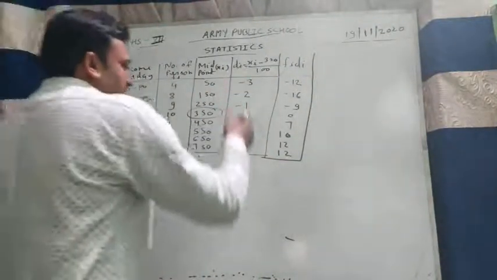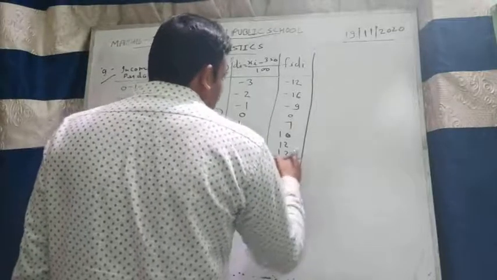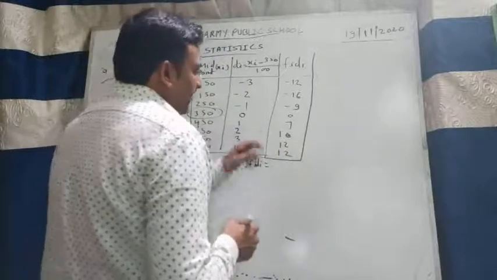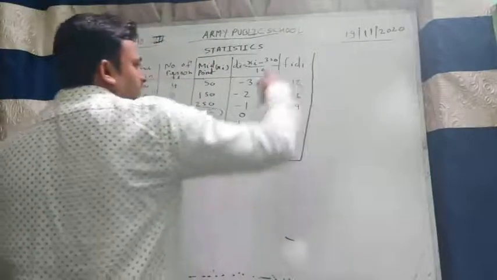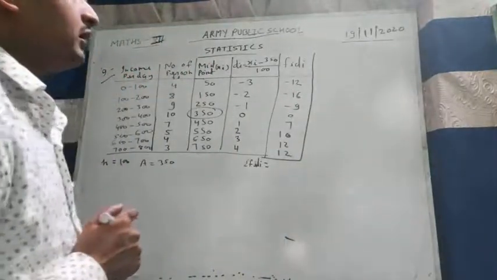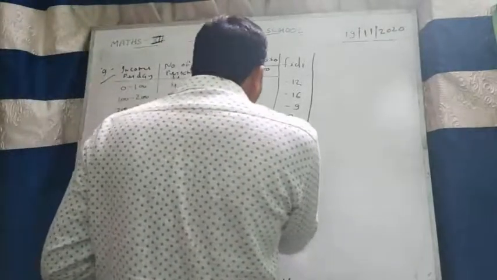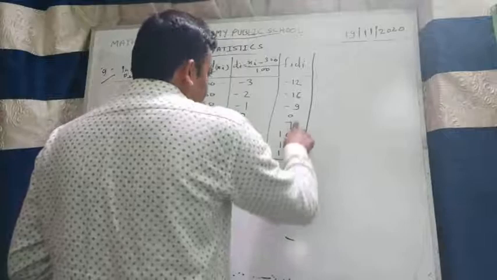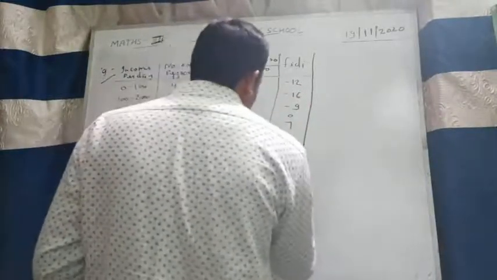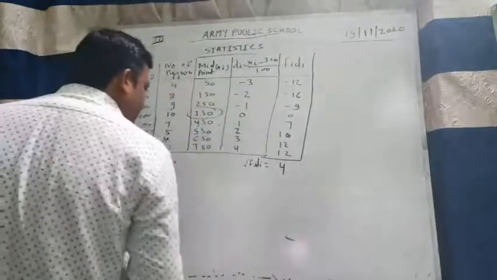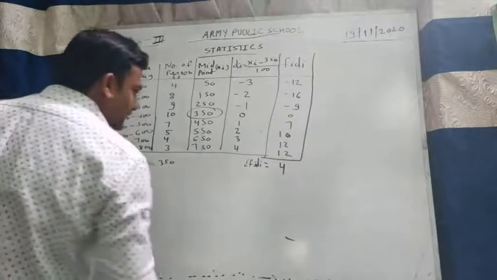Now we will find the sum of this fi di. 12 and 12, 24, and 10, 34, and 7, 41, minus 25 and minus 12, 37. So this is 41 and this is 37. So it will be 4. So summation fi di is 4.